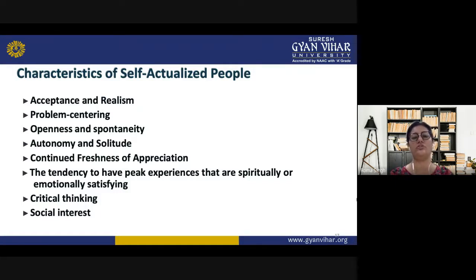We have the potential of attaining these things, and these things we cannot attain. Problem centering: you can find out what the real problem is and focus on it. Openness and spontaneity: you are open to everything, because you have reached the being level.